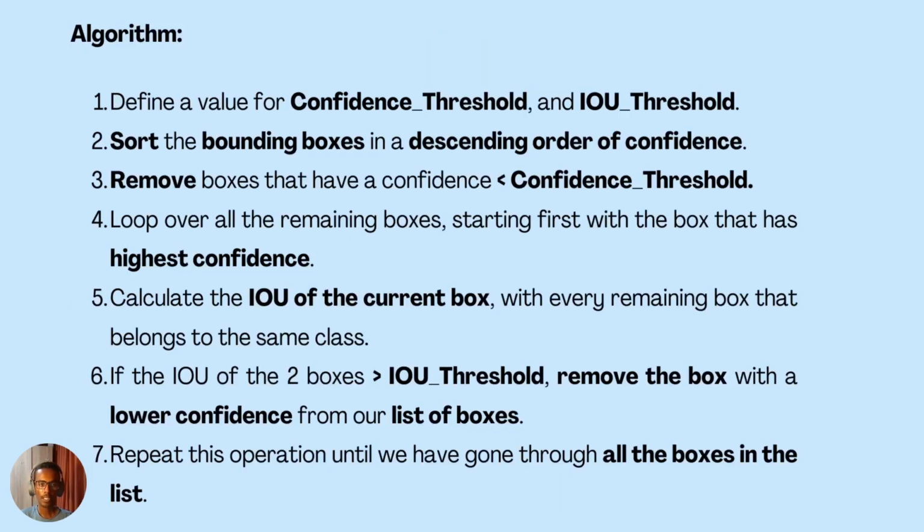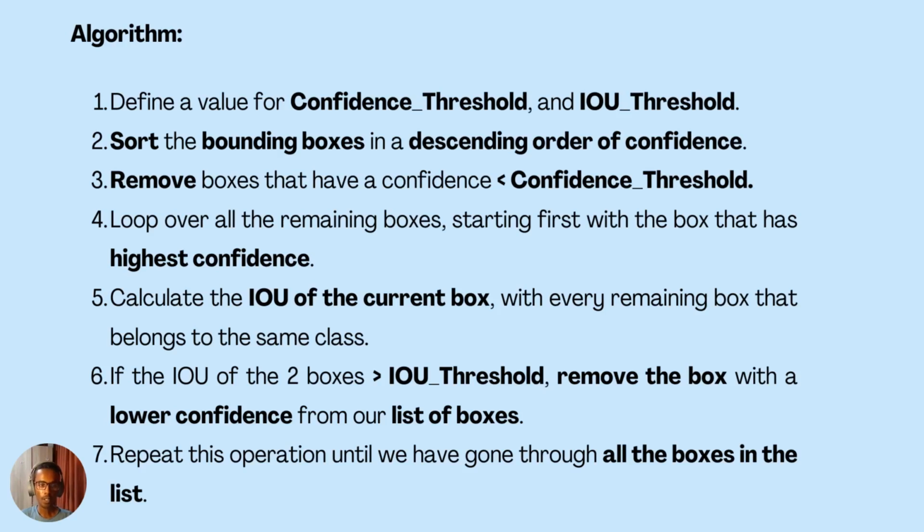So we have talked about the idea in general, but let's see the algorithm one by one. So first, we define a confidence threshold and an IOU threshold. So we need two threshold values. The second step is to sort the bounding boxes in descending order of confidence.